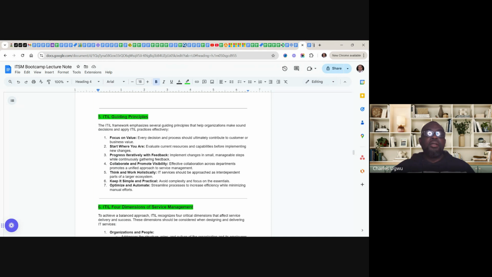And number 7, optimize and automate. In IT systems, we must have continuous optimization. We must continue to refine our system. It is a continuous process.